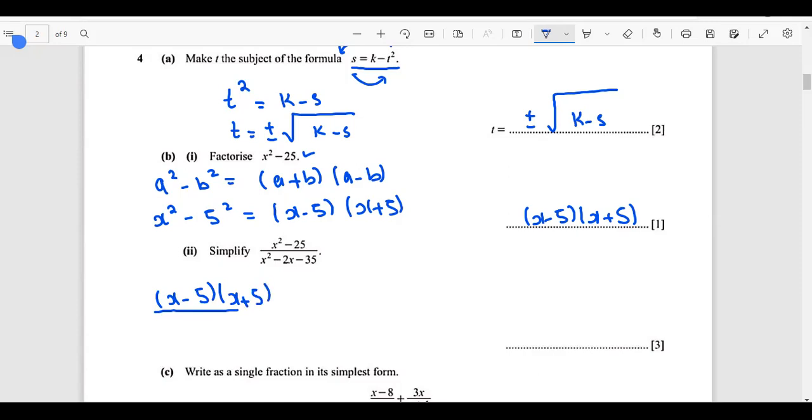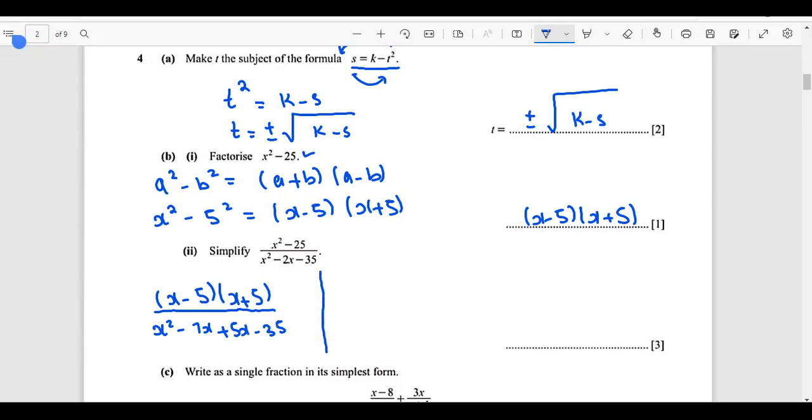For the denominator, we need to simplify this using middle term breaking. You need two numbers such that when you multiply them, you get minus 35, and when you add them, you get minus 2x. So the two numbers would be minus 7 and 5. So it would become x squared minus 7x plus 5x minus 35.